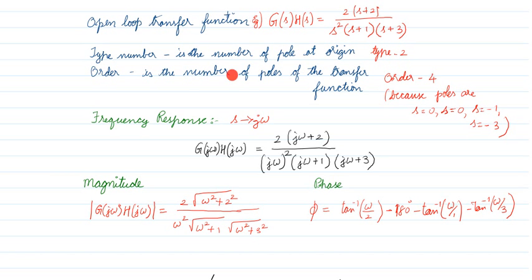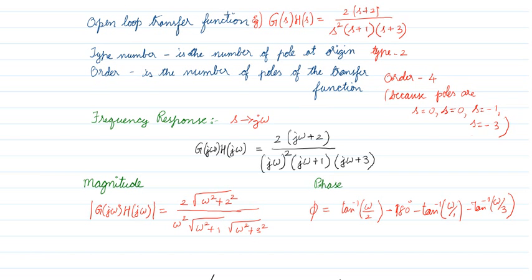Order is the total number of poles of the transfer function, right? What is the number of poles? Because what are the poles here? S square. So S is equal to 0 is one pole, S is equal to 0 is another pole, then S plus 1, so S minus 1 is one pole, S plus 3, S minus 3 is another pole. So totally we have 4 poles. So this is the order.